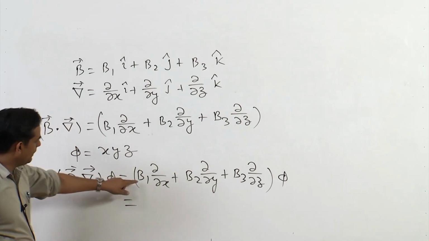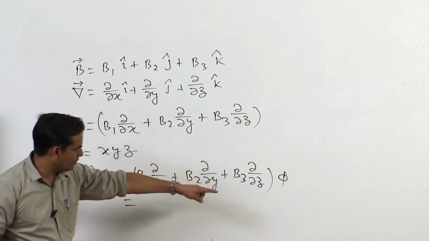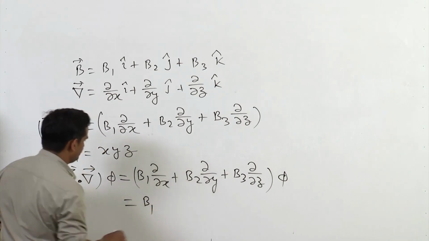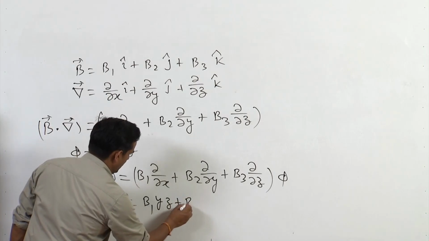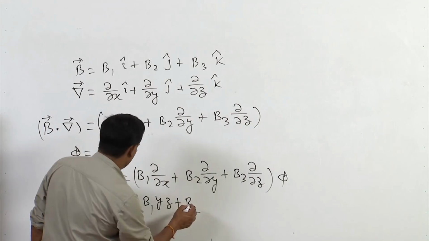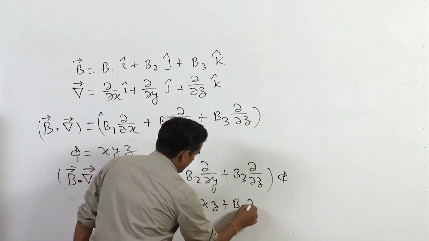So it will become B1 del phi over del x, with this B1 del by del x operating on phi. So it will become B1 yz plus B2 xz plus B3 xy.